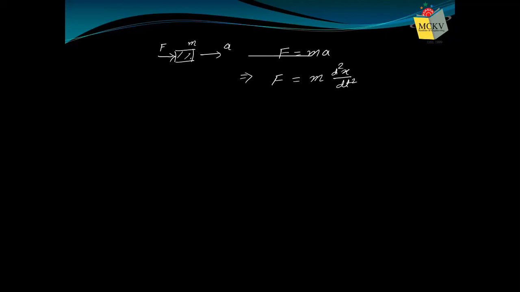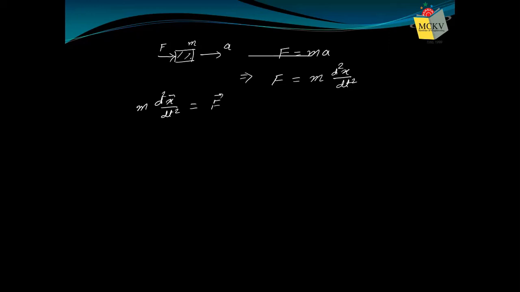Now, for different conditions, you can solve this equation. Say I am throwing a ball of mass m inside a water body. Then there will be several types of force acting on that ball. All those forces will be considered and we will find the vector sum of all the forces. That means actually we should write it as m d2x vector by dt2 equals F, where F is the sum of all the forces acting on that body.